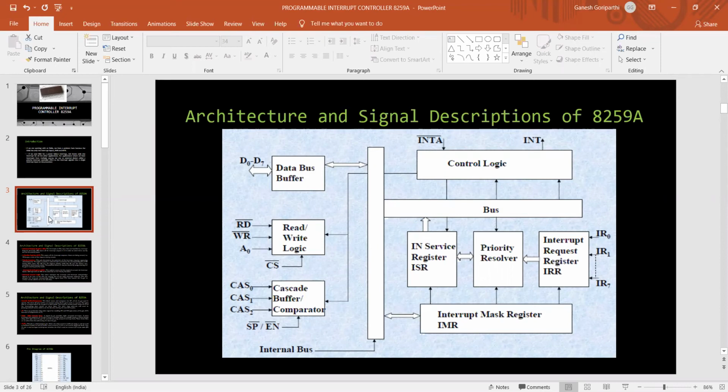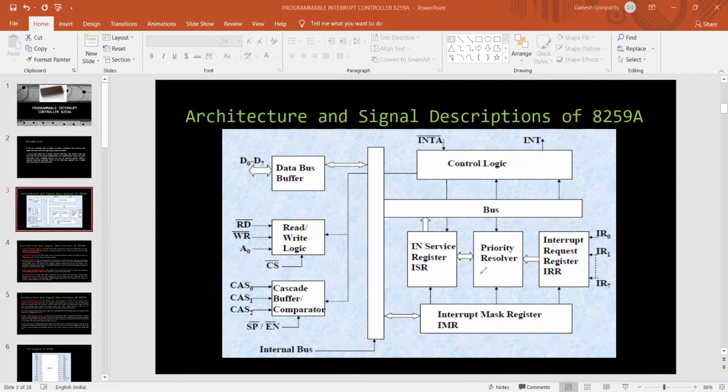The architecture will have different blocks. What are all the different blocks that we have here? The first block, how it chooses highest priority, and how the priorities are given to the signals, that will be explained here.